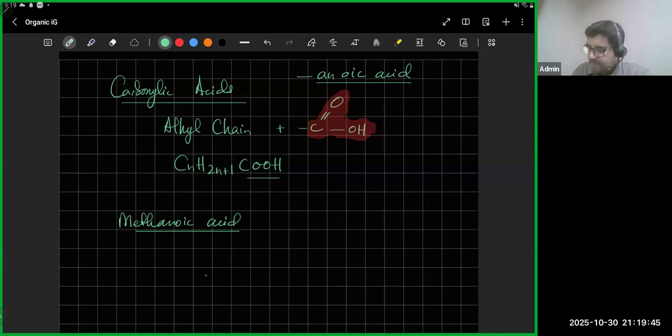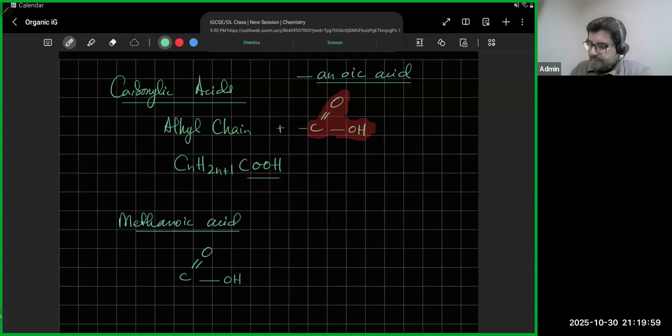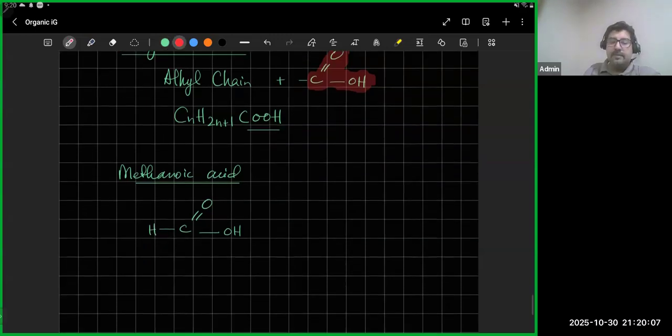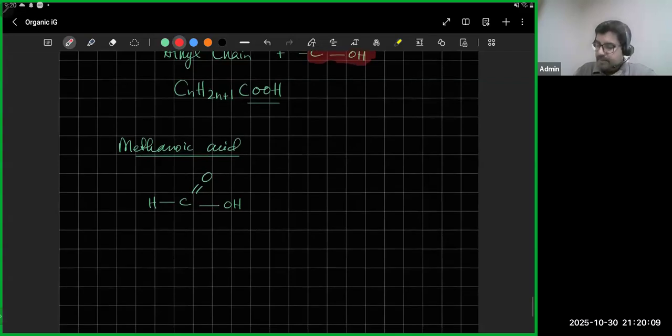Meth means one carbon atom. It's supposed to have a double bond O and an OH. So you need to complete the bonds of that one carbon atom, so you need one H as well, because carbon needs 4 bonds.